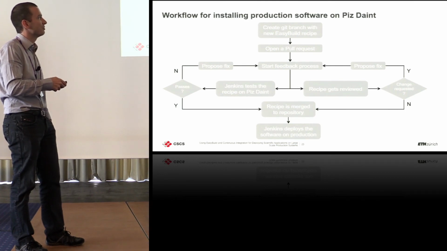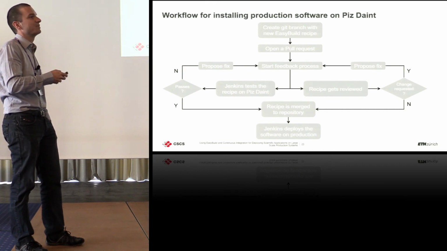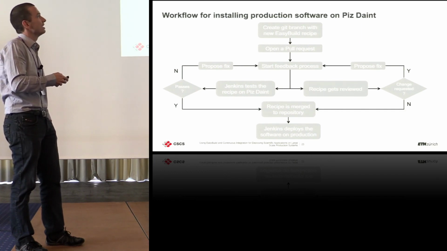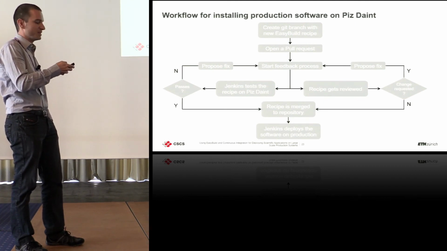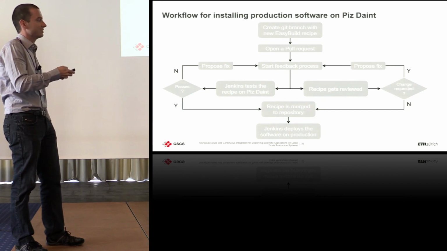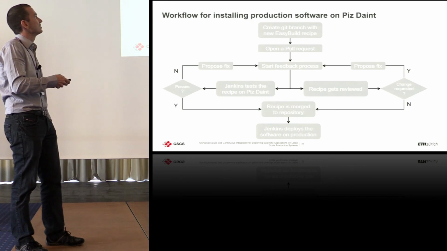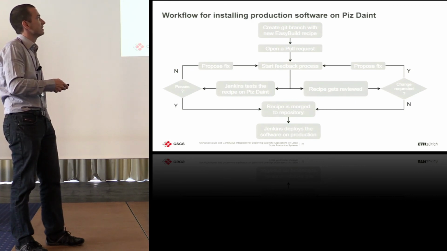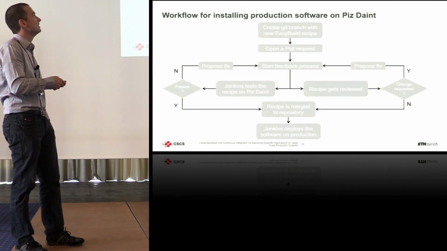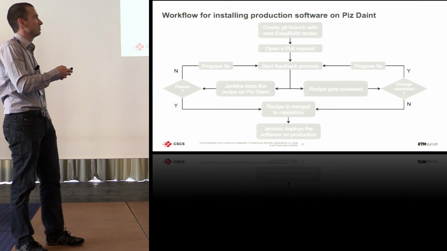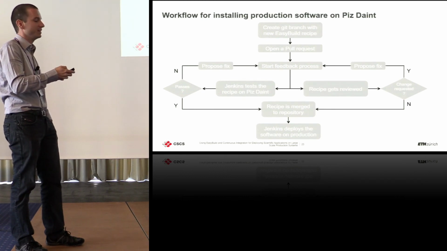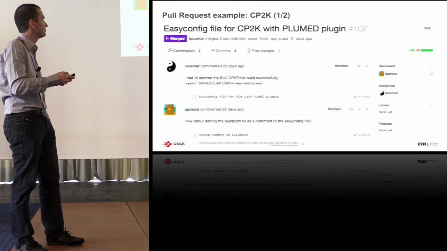And in parallel, we have people reviewing the recipes to see if we use the proper version of the software, and to see if people are following the best practices for designing the EasyConfig file. Once the recipe passes the human reviewer and then the robot, it is merged into the repository. So this improves the quality of our production software.